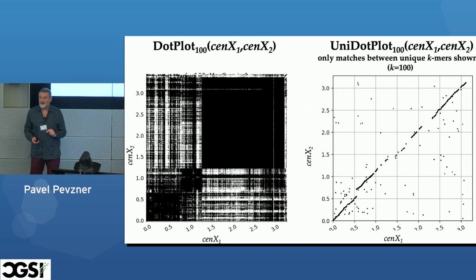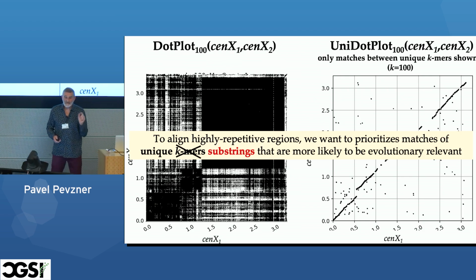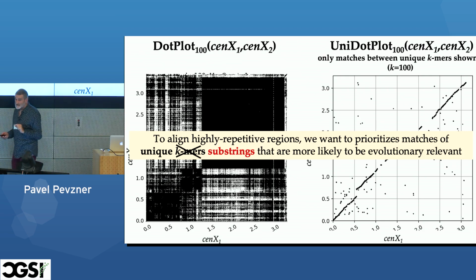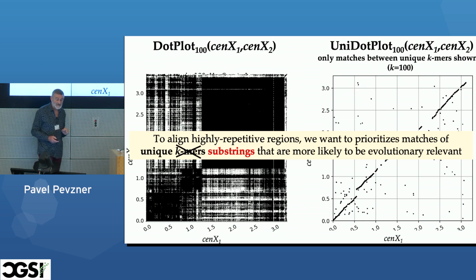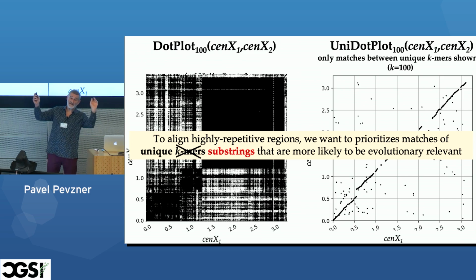But it still won't work, because first, it's not clear how to select k. Then in different regions, there are different k's that actually make sense. And that's why, instead of unique k-mers, we are arguing that we should look for unique substrings of any length.